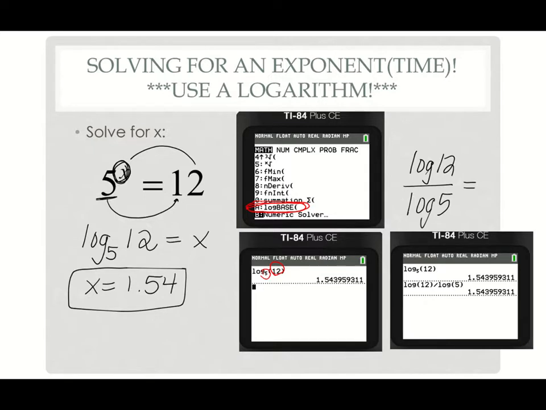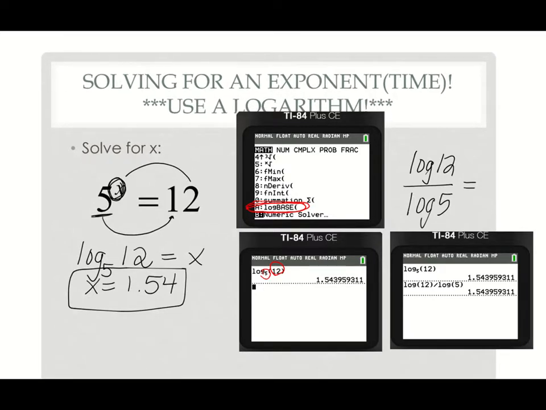If I type in log 12 divided by log 5, I get 1.54 still. This is because on our calculator, our log button is always in base 10. So we were essentially doing log base 10 of 12 divided by log base 10 of 5, and that gives us our answer. This has to do with different log properties, which we don't have at this point.